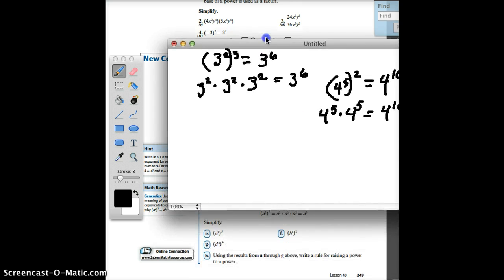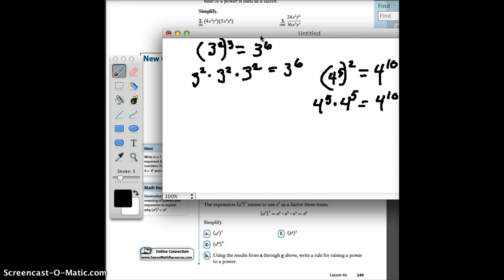So let's look at ones that they have without numbers. They have just the variable. So we have a to the 3rd to the 5th power. What is a to the 3rd to the 5th power? Hopefully everyone sees that it is a to the 15th. Sorry about that, but that is a 15, not a 16.